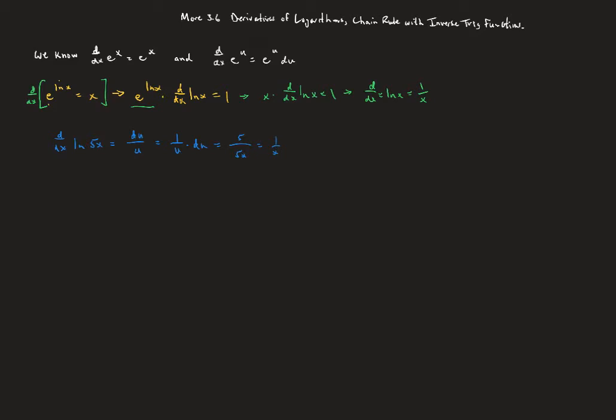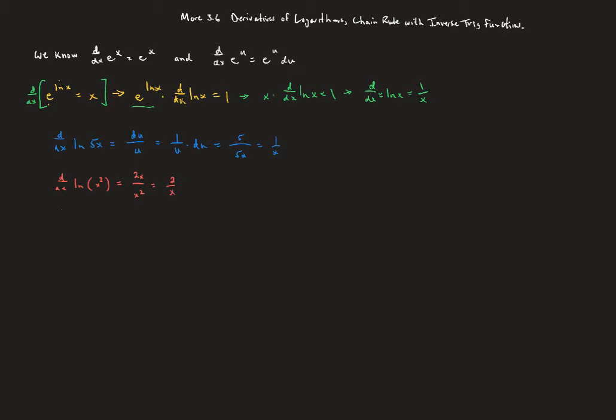Now, if we do the derivative of, say, the natural log of x squared, here's two ways of doing that. We could do this as du, 2x, over the u, the x squared, which we could simplify and call 2 over x.